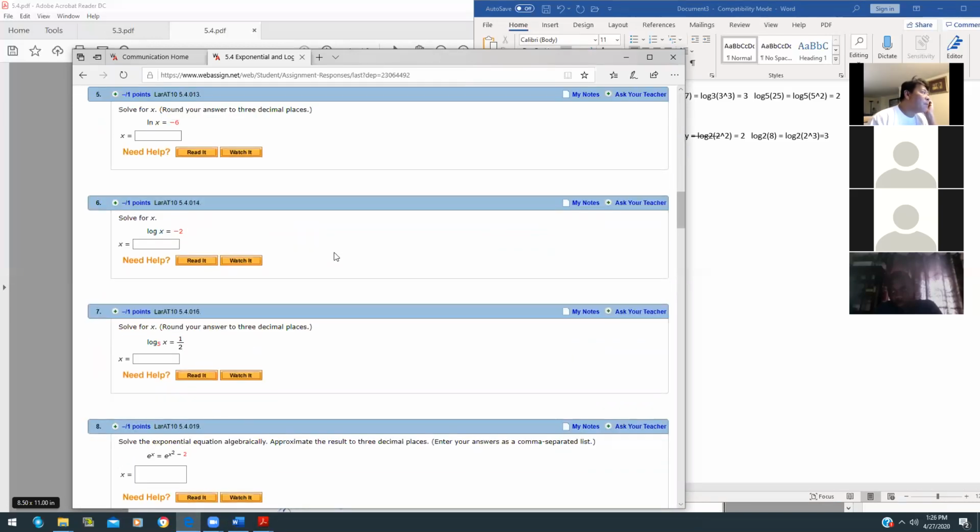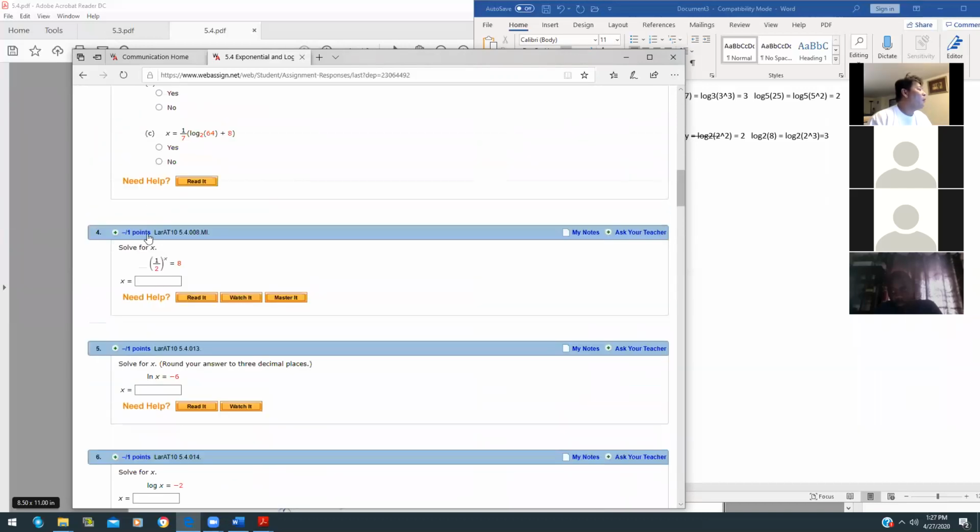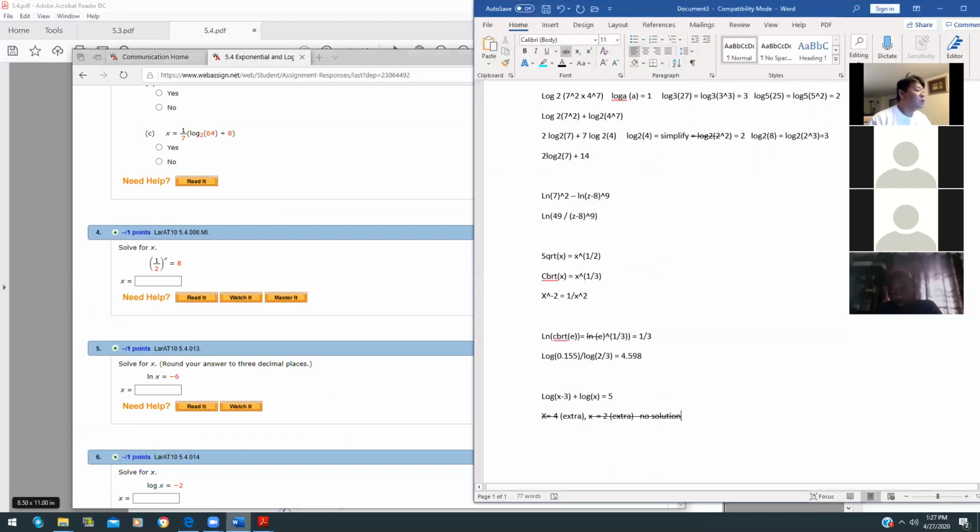So an example is question 4. For this question 4, we can make them the same base. How do I know I can make them the same base? Because 1/2 I can change to base 2, and 8 I can change to base 2.